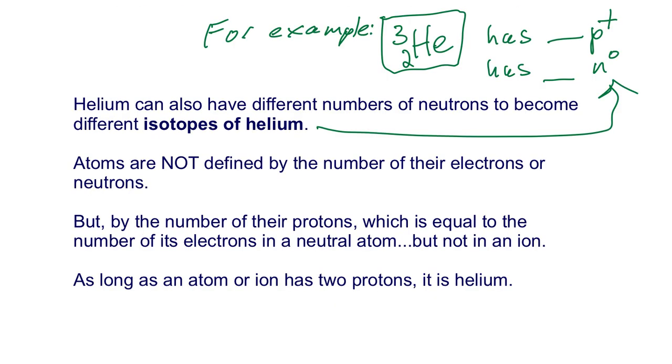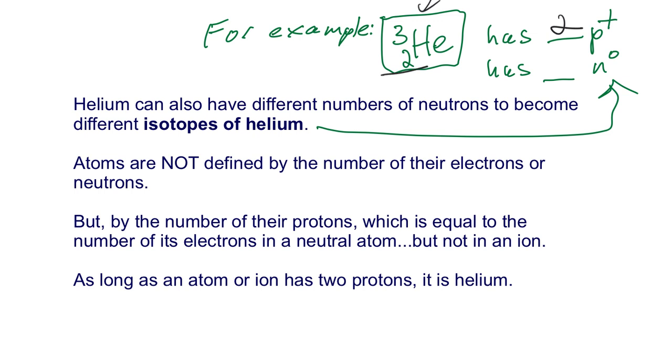So here's an example of an isotope of helium. And if I just gave you this box right here, you should tell me, okay, how many protons does it have? Well, look at the bottom number. It's 2. How many neutrons?